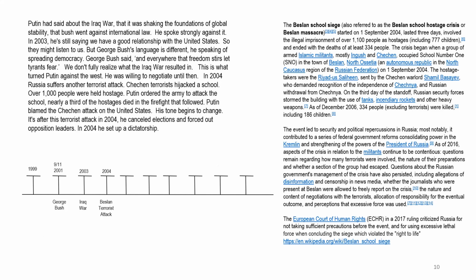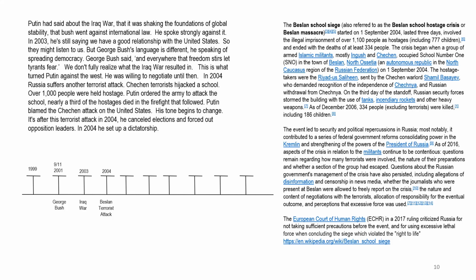Speaking of spreading democracy, George Bush said, "And everywhere that freedom stirs, let tyrants fear." We don't fully realize what the Iraq war resulted in. This is what turned Putin against the West. He was willing to negotiate until then.